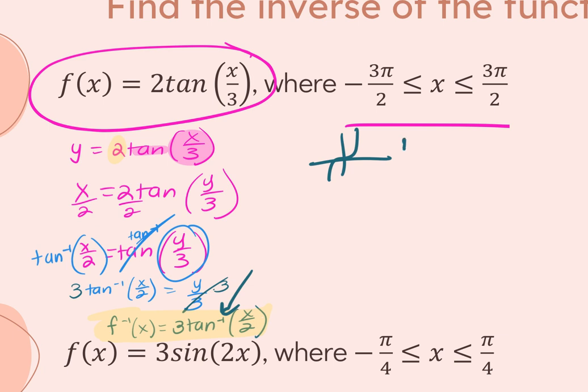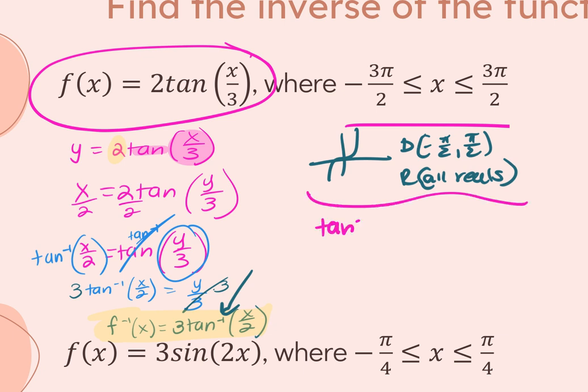So if I switch this now for my inverse function, tan negative 1, and this is on that first slide, the inverse function's domain is all reals, and the range is negative pi over 2 to positive pi over 2.